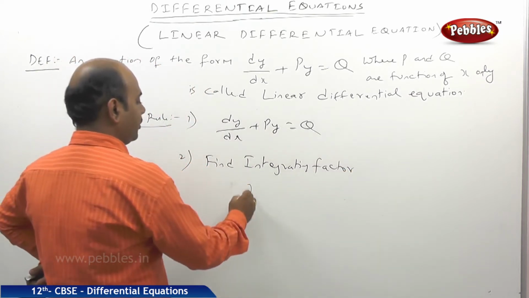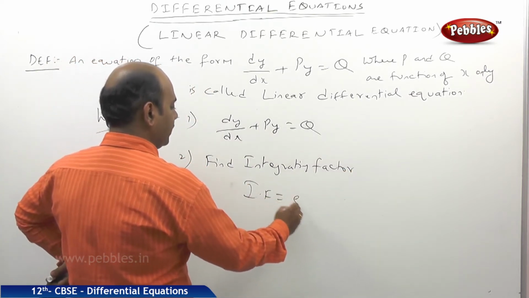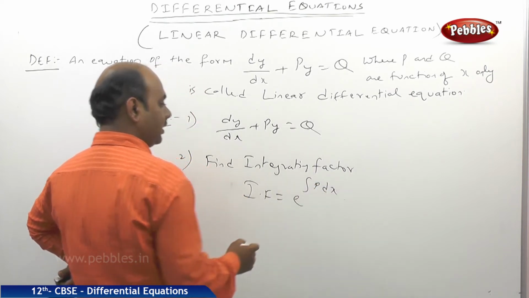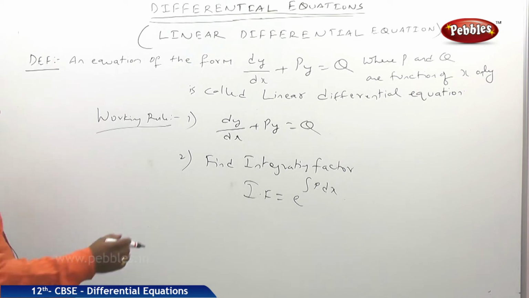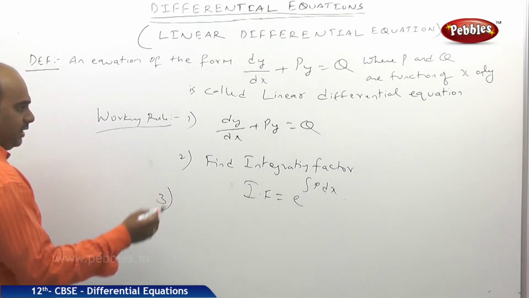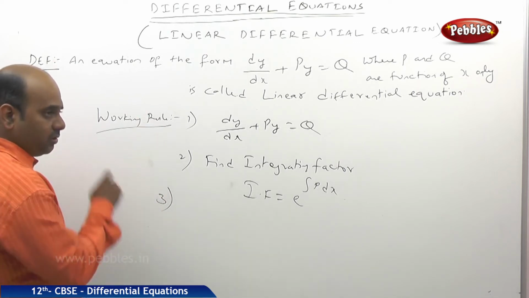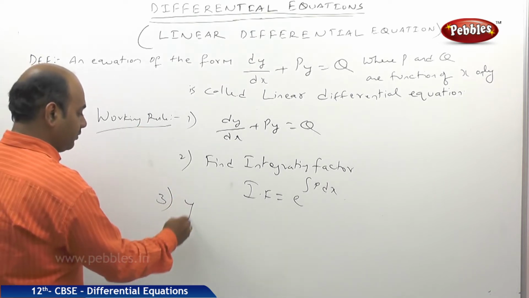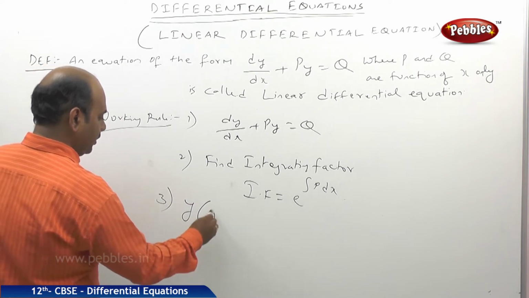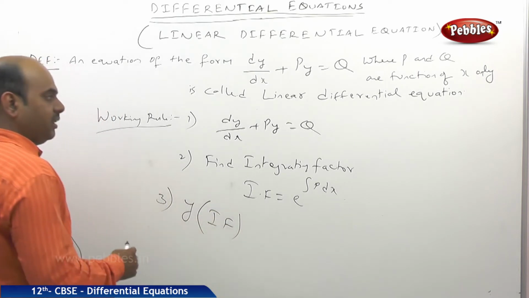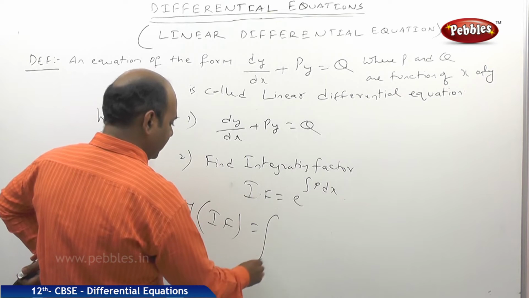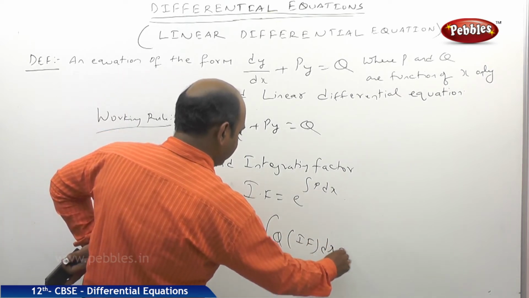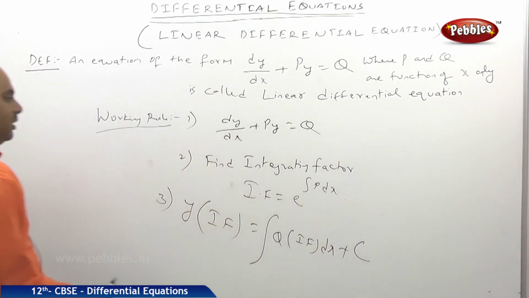Integrating factor is denoted by I.F., and it is given by the formula e power integral of p dx. After finding the integrating factor, the general solution of this differential equation is given by y into integrating factor is equal to integral of q into integrating factor dx plus c.